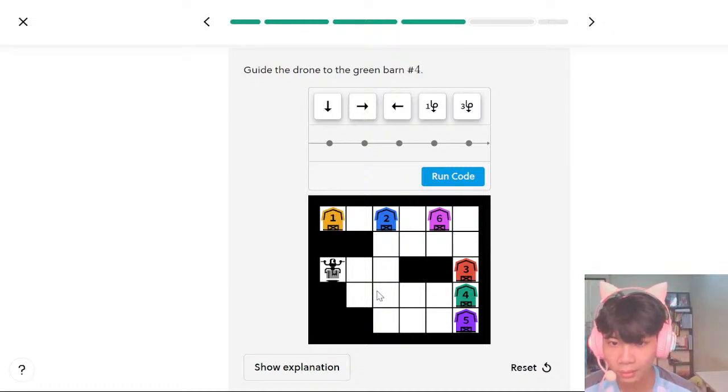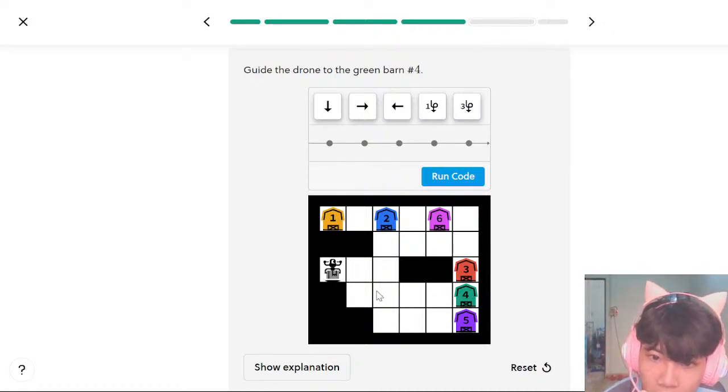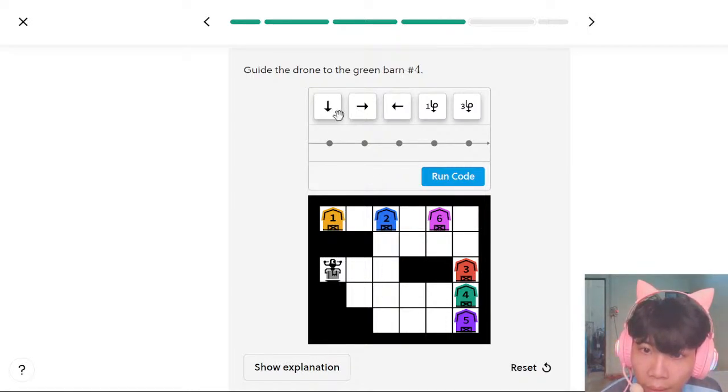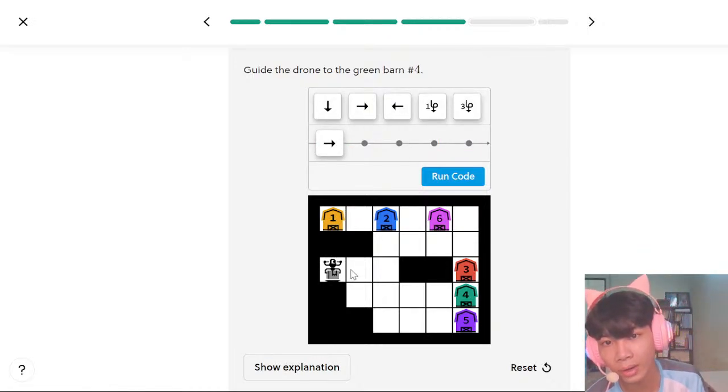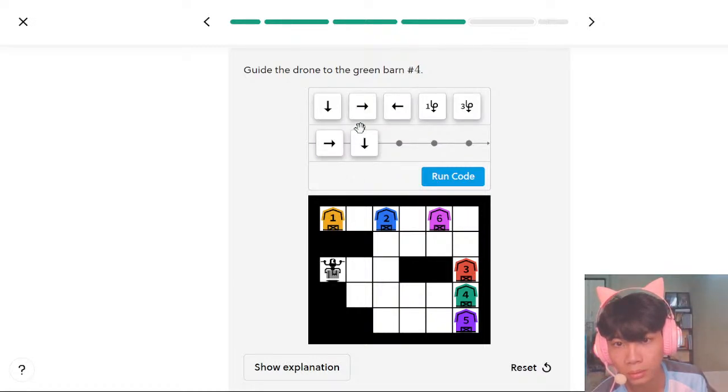It's hard for me now, so we need to step here. Okay, it's quite easy. Go to the right, here we are. Go up, go to the right, we are here.